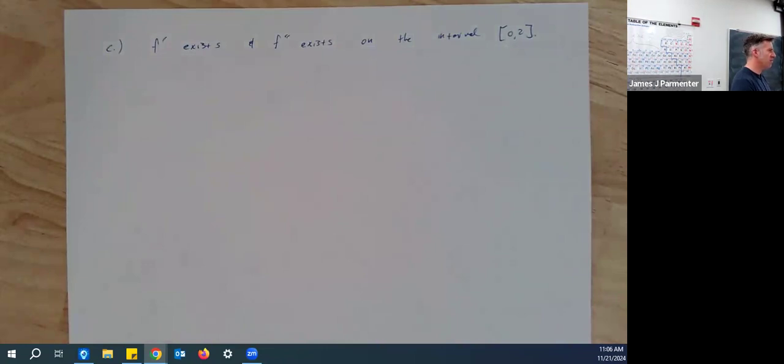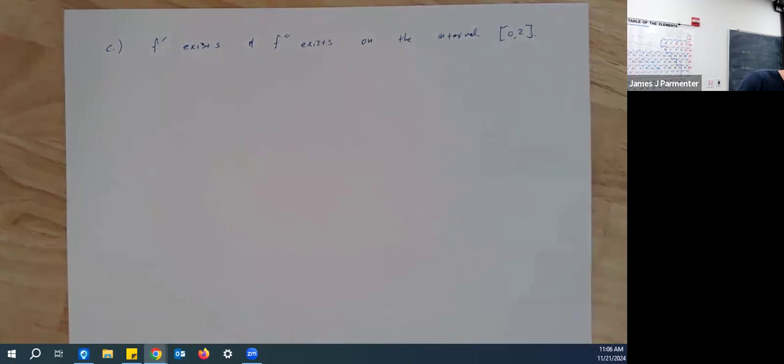Is f continuous on that interval? Has to be, right? So when they tell you that a function is differentiable, you already have met the criteria for the mean value theorem, because you also automatically know it's continuous on whatever interval you're looking at.